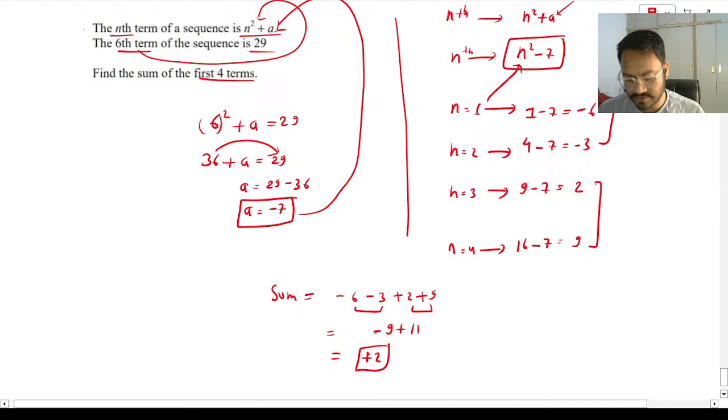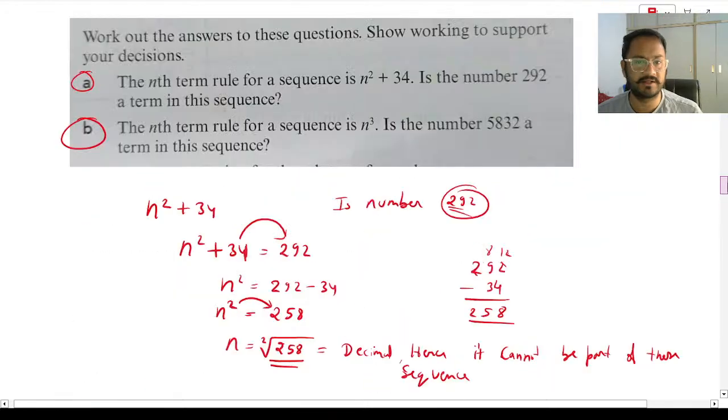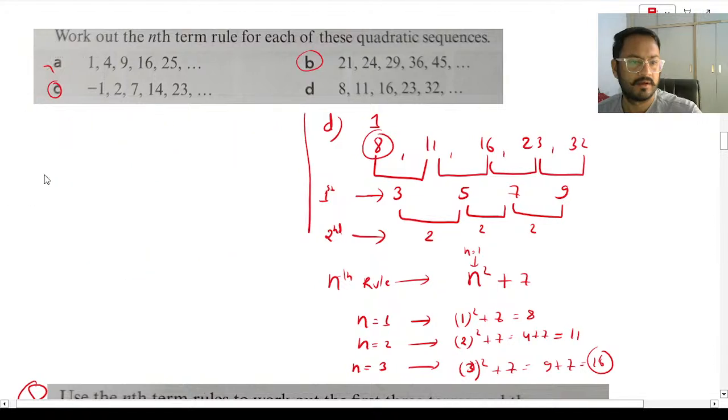Now Lekhansh and other students, please go through this quadratic sequence, the last one, and then we'll end the class. So basically, how to find the n term rule: we have done the A part, B part and D part yesterday. Today I'll do the C part also. I'll show you how to do this. I'm erasing the A part because we already did it yesterday.